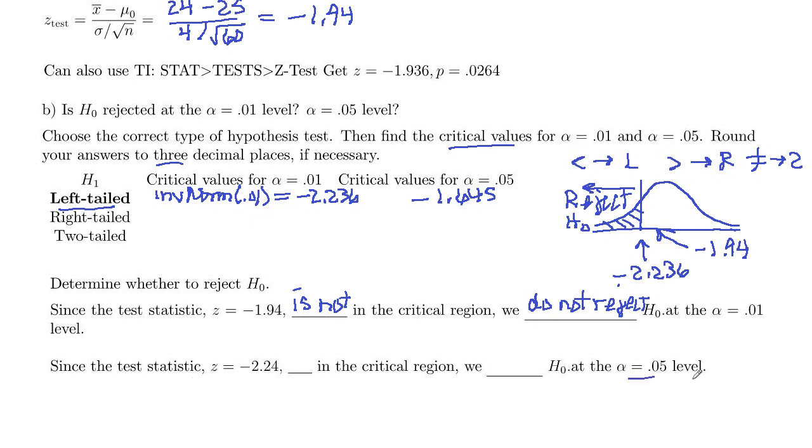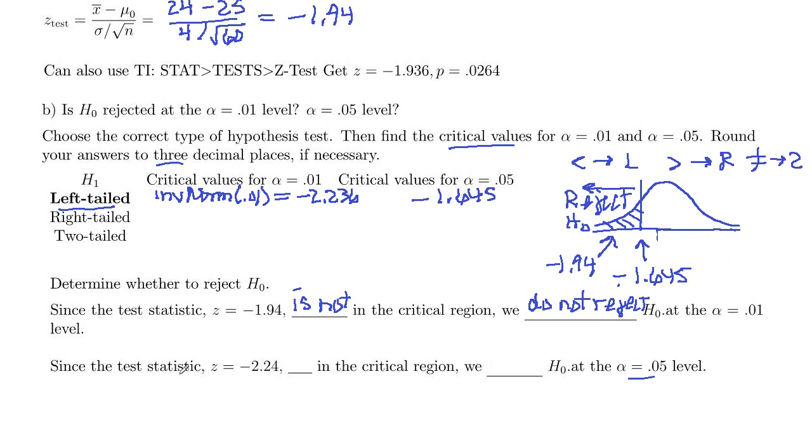And then at 0.05, now this negative 2.326 changes to a negative 1.645. And now the negative 1.94 is more negative, so it's going to be over here instead. And so now it is in the rejection region.